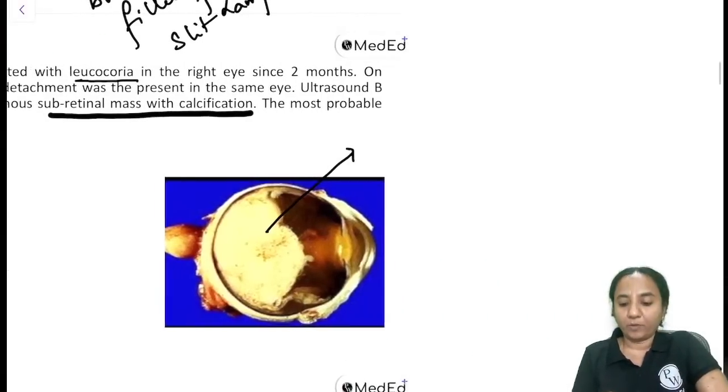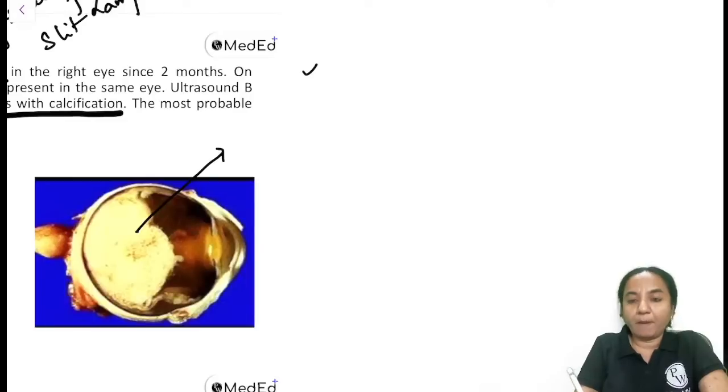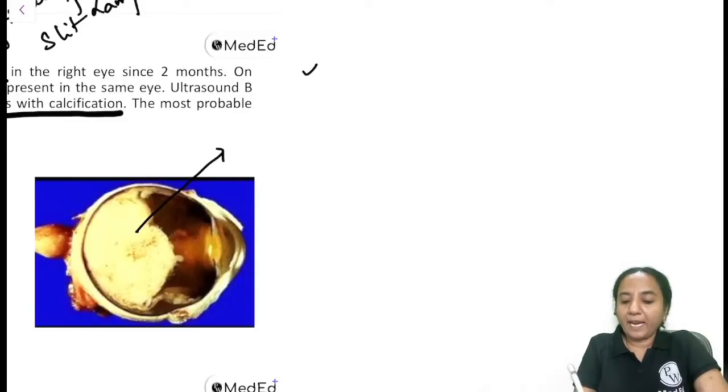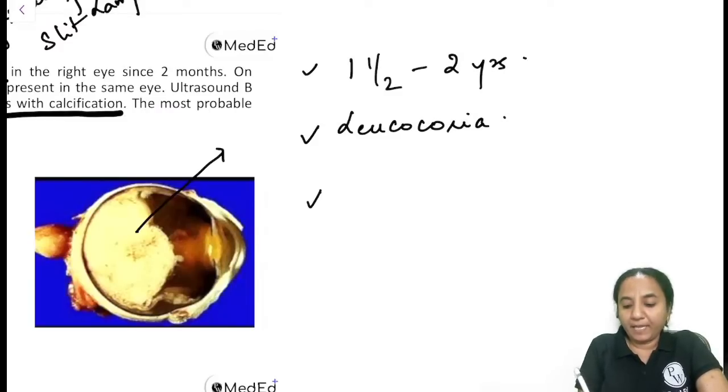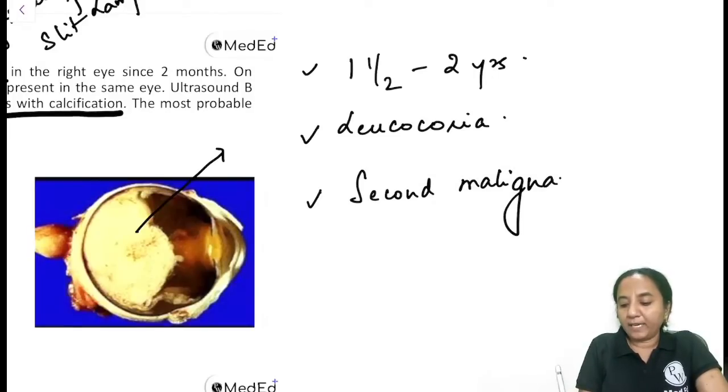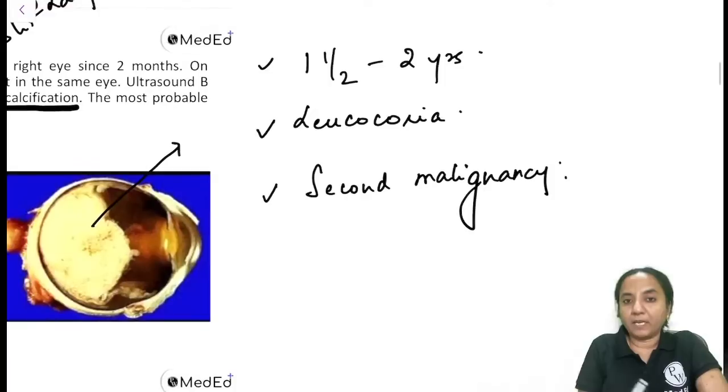This is retinoblastoma. So, important points to remember about retinoblastoma. The presenting age is around 1.5 to 2 years. The presenting feature is leukocoria, that is, white pupillary reflex. Please remember that there may be other malignancies associated with retinoblastoma, such as osteosarcoma.